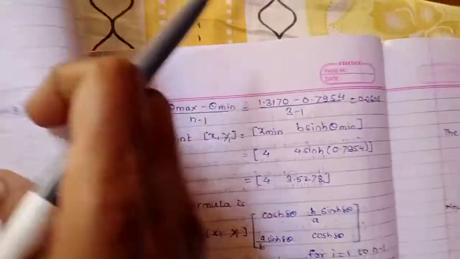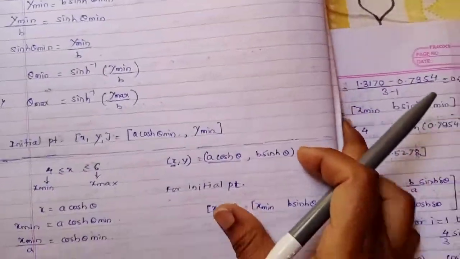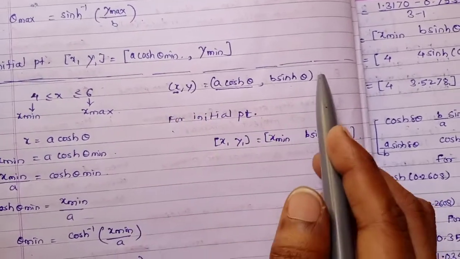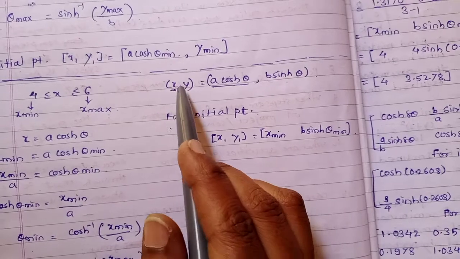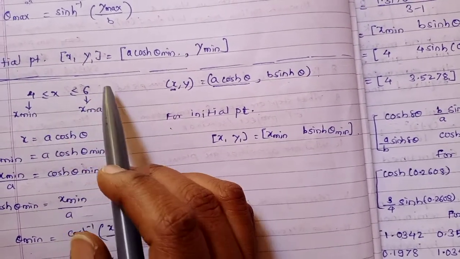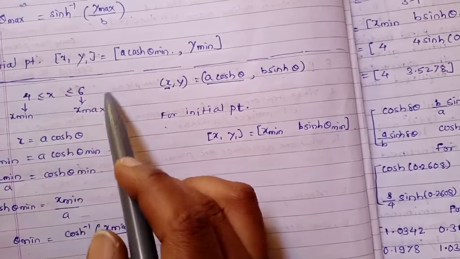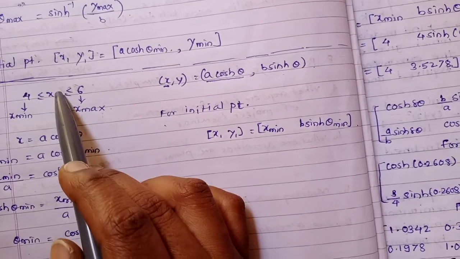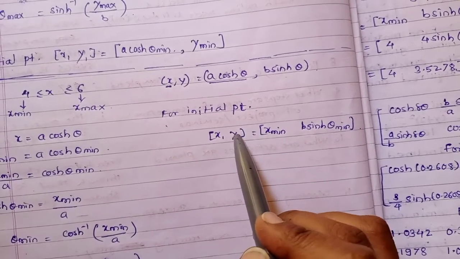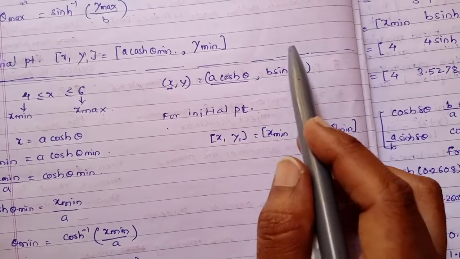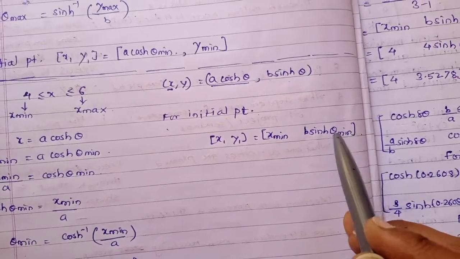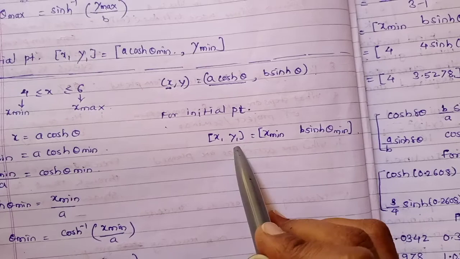Next is the initial point x1, y1. See how we write that initial point. This is our parametric equation, but according to it we already know the x min value, or the boundary condition related to x is given. So instead of x we write x min, and for y1 we write the y parameter as it is, but instead of theta we replace theta min, because this is the initial point.